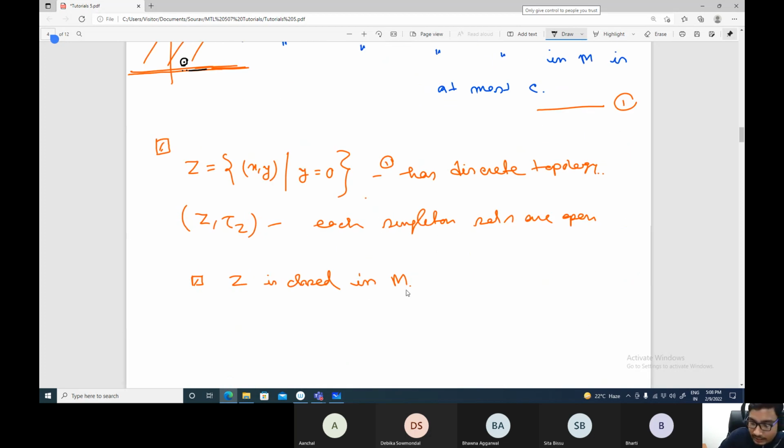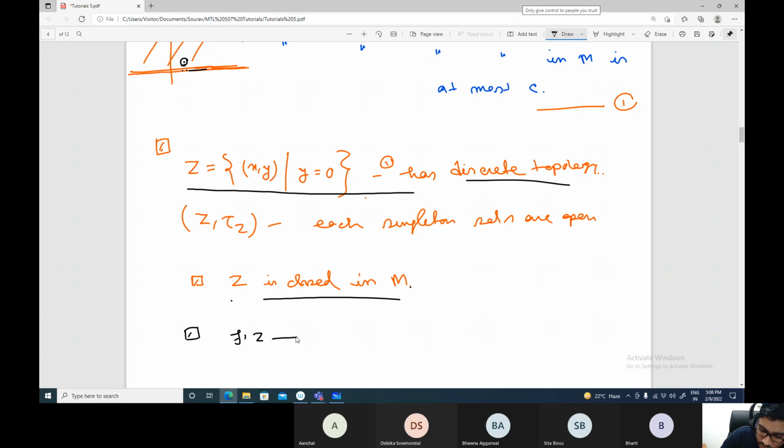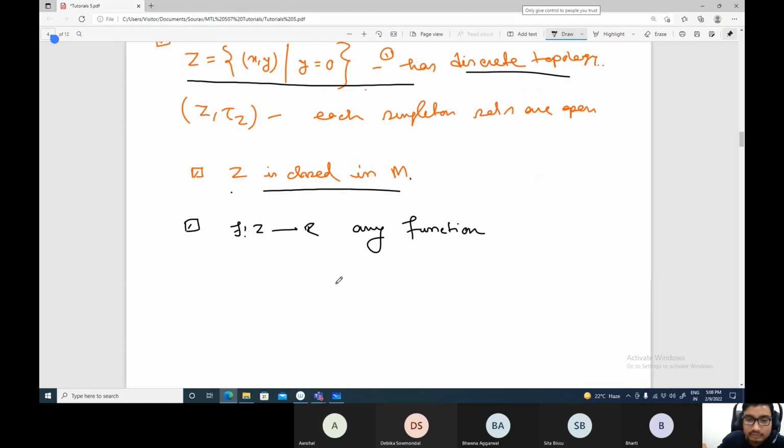So Z is a closed set in M. Now Z has a discrete topology and Z is a closed subset. Now you see, if we consider a function from Z to R, what can we say about the continuity of that function? Every function is continuous. If we consider any function f, then f is continuous, right?